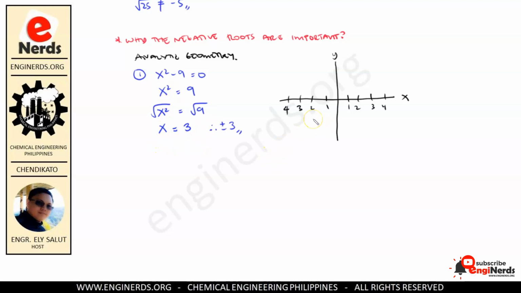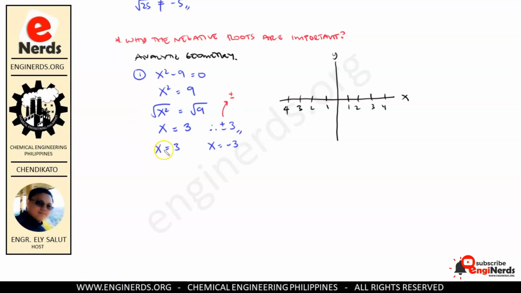So in this case, we have two answers here. X is equal to positive 3 and x is equal to negative 3. And by the way guys, this sign here represents plus and minus value, no? So we will be using that more often later.